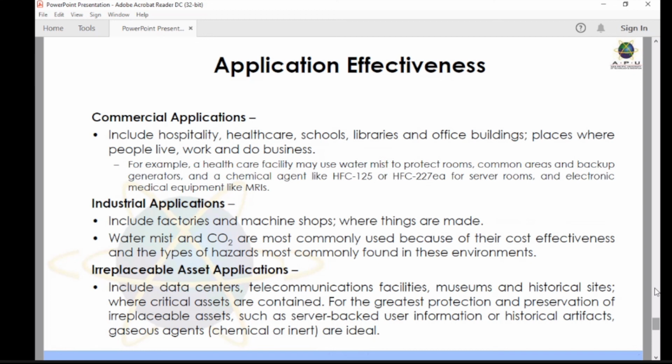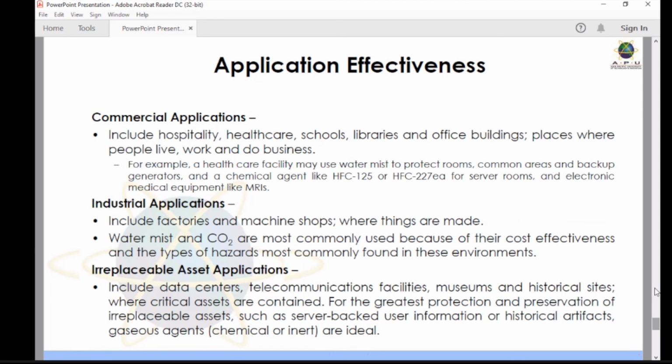So for museums, historical sites, telecommunication facilities, and data centers, the most preferred is either chemical or inert. So when you are designing a data center, with all this fire safety and fire suppression, go for chemical or inert.